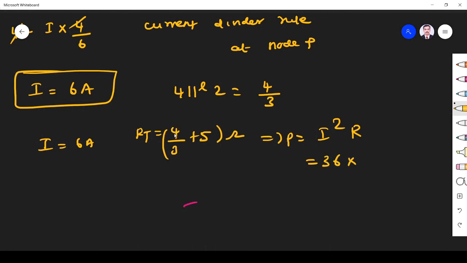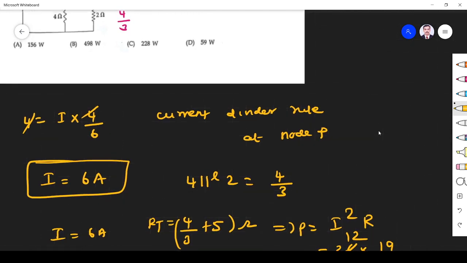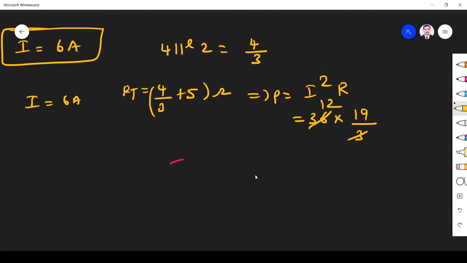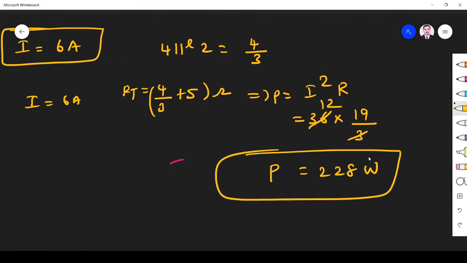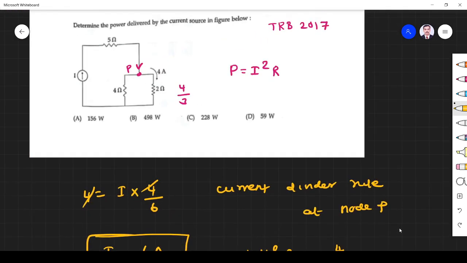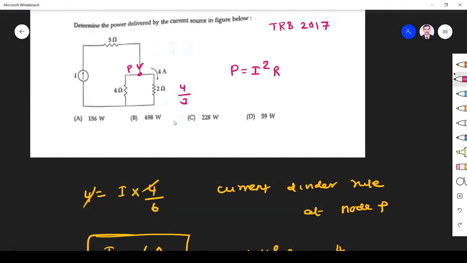Here R is 19 by 3, that is 15 plus 4 over 3. 36 divided by 3 is 12, and 12 into 19 is 228. So the answer is 228 watts.